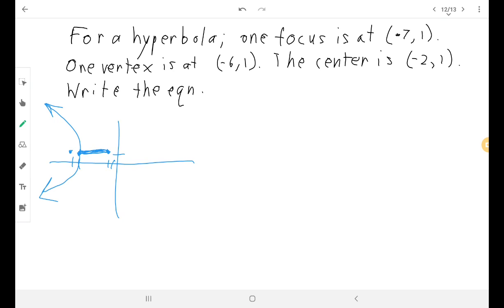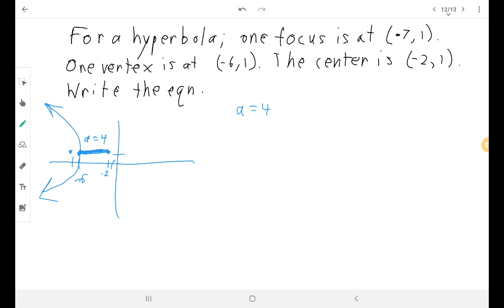That's the A distance right there. And what is that A distance? Well, if this is negative 2, and that is negative 6, to travel from negative 2 to negative 6 is a distance of 4. Okay, so now we know A. We know A equals 4.